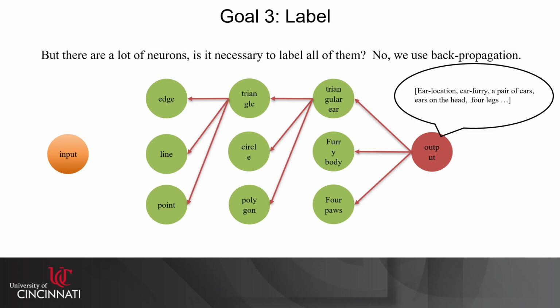If we want to do that, there's a mechanism called backpropagation. Backpropagation means the information is transported from the end, which is the output, back to the input.